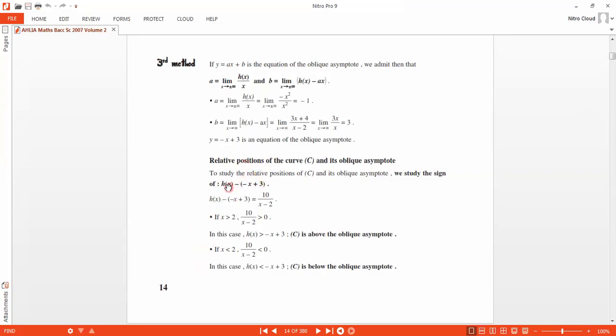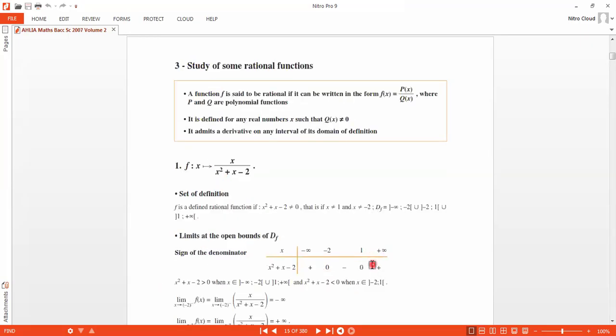Actually, I do f of x minus y, and I get this function, and I discuss this function according to the values. So we notice that if x is greater than 2, this form will be positive, which means that the curve is above the oblique. But when x is less than 2, this form is negative, then the curve is below the oblique.